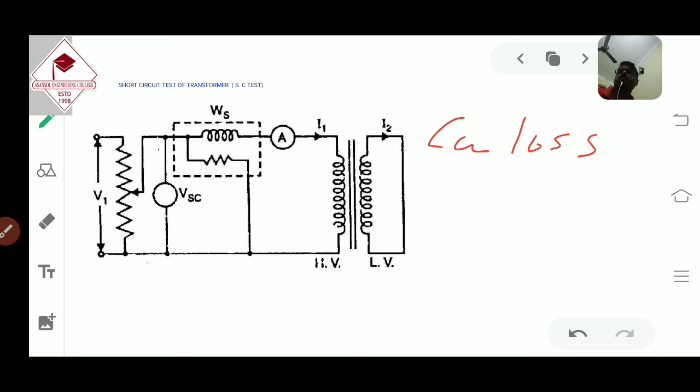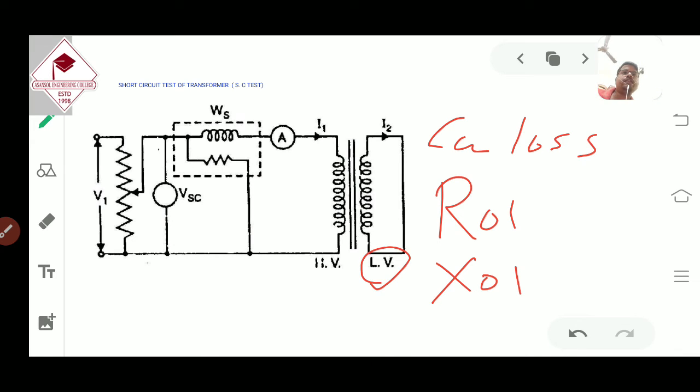This test is conducted to determine R01 or R02, X01 or X02, and full load copper losses of the transformer. In this test, the secondary, usually low voltage winding, is short circuited by a thick conductor, and variable low voltage is applied to the primary as shown here.